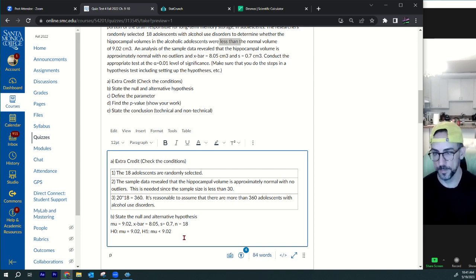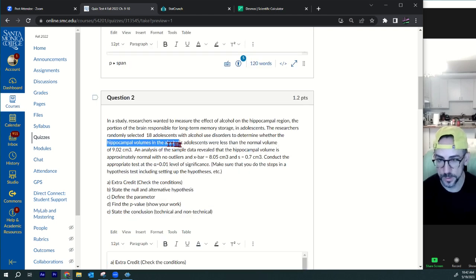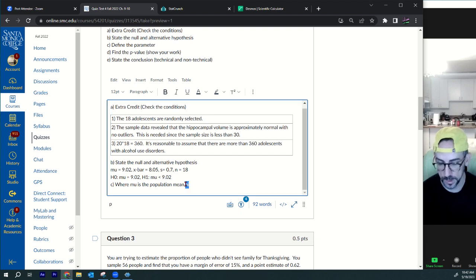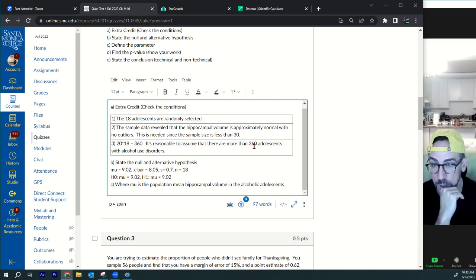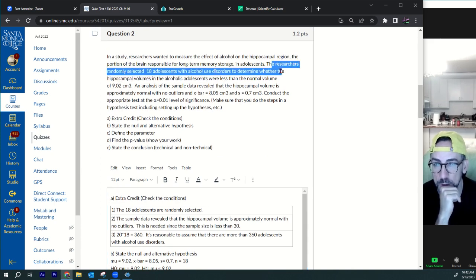Now, for part C, defining the parameter, you could say where mu is the population mean hippocampal volume in the alcoholic adolescents. Is it alcoholic adolescents? Let's double check. With alcohol use disorder.